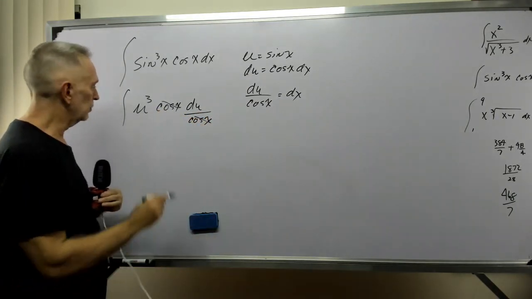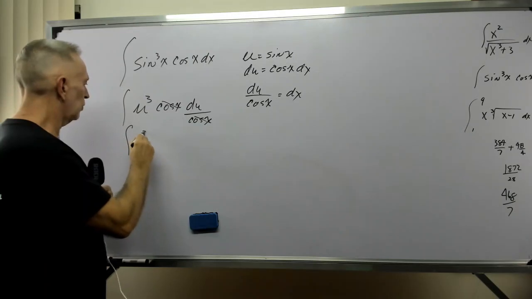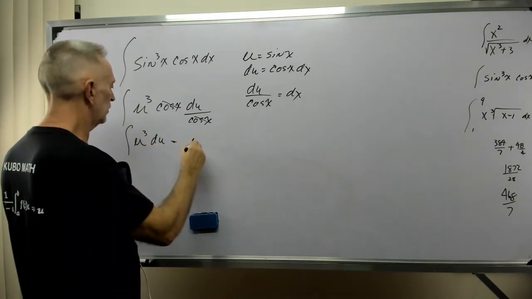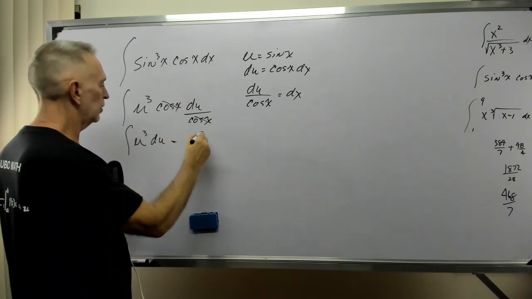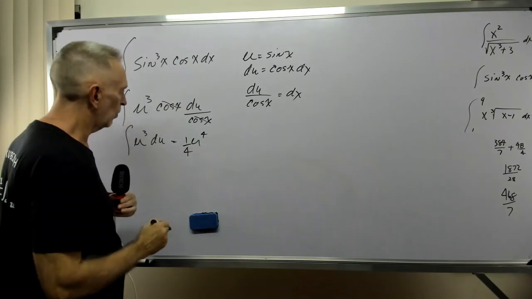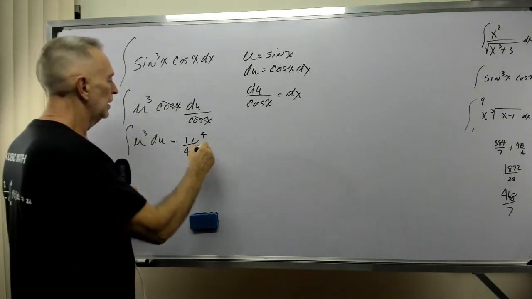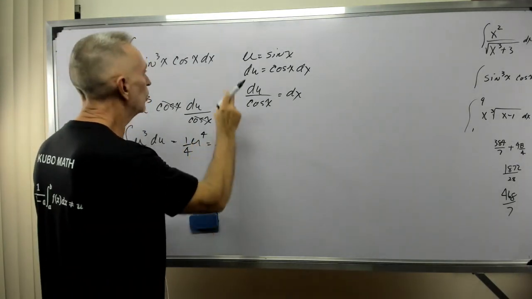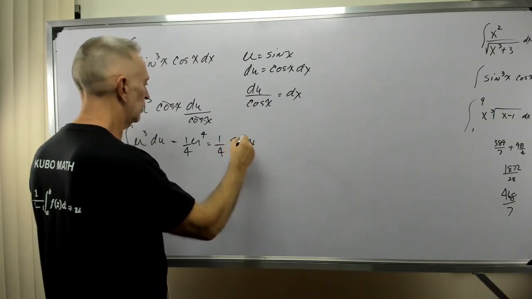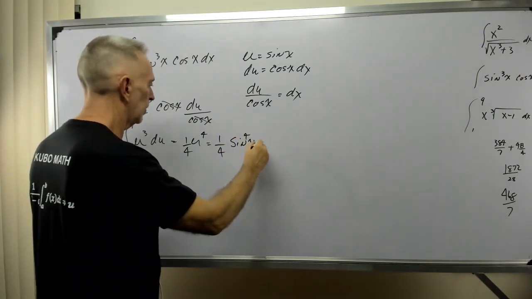So those cancel. So I have the integral of u cubed du. So that equals, increase that by 1, 3 plus 1 is 4. Divide by 4, which means I multiply by 1/4. And that equals 1/4 u, which is sine x to the 4th power, plus c.